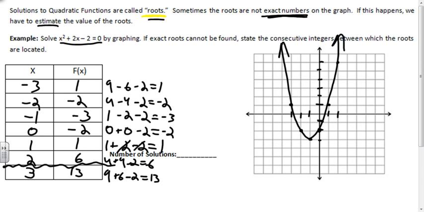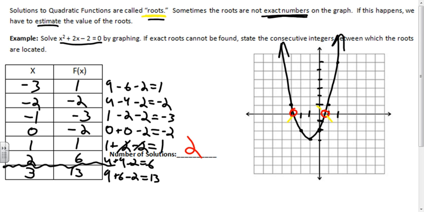And like before, we can see that there are two places where it crosses, so the number of solutions is 2. In this case, though, it doesn't look like they're crossing at exact points. It looks like they are kind of in between some values there.